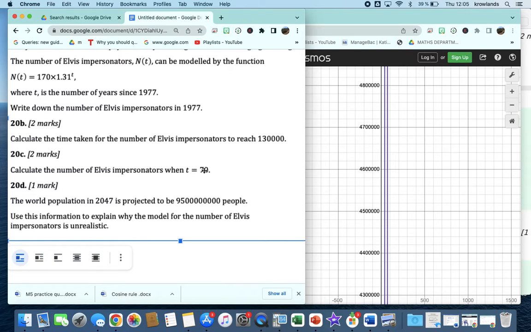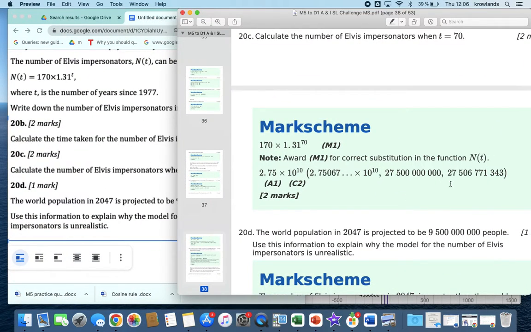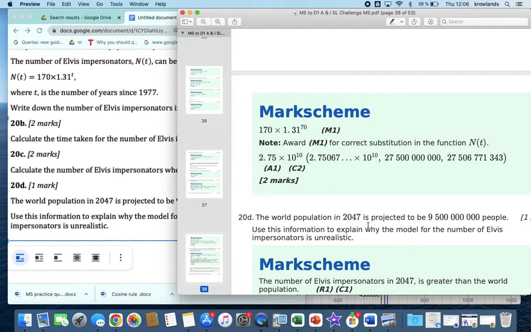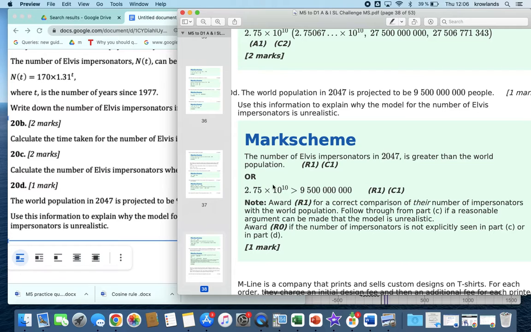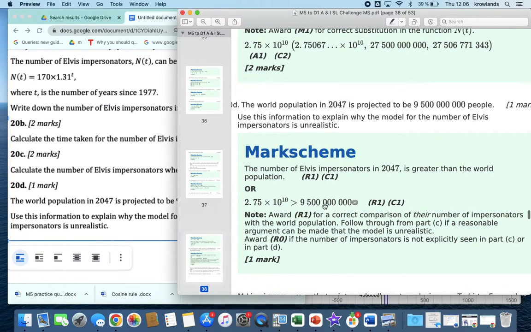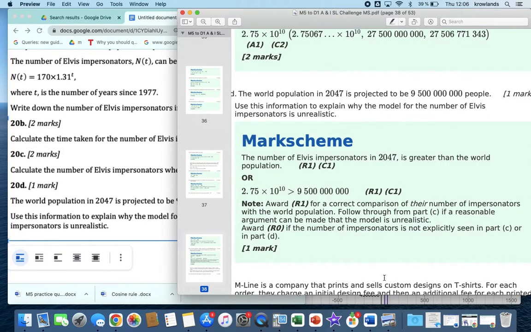So if we substitute in 70 like we did in the previous question, and we've realised that the answer to the previous question is 27 billion, you can see the answer is going to be unrealistic because the 27 billion, which we calculated in the previous question, is actually bigger than the world's population of 9 billion, 9.5 billion. So pause the video and have a look at the questions here.